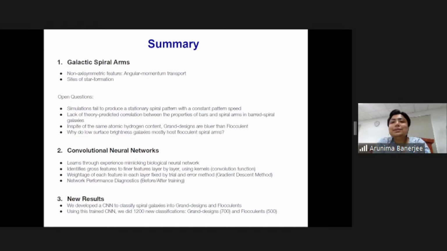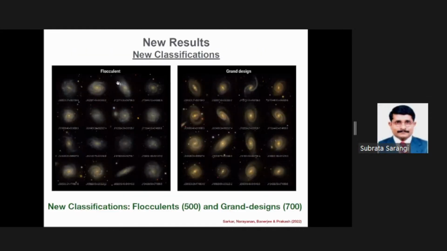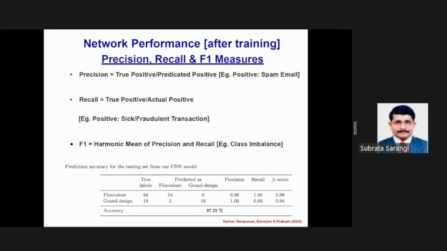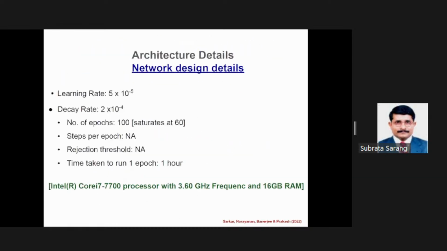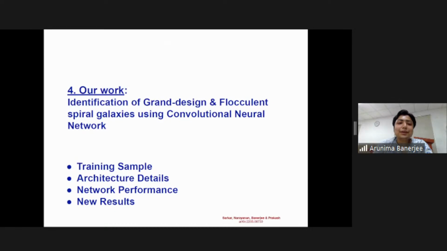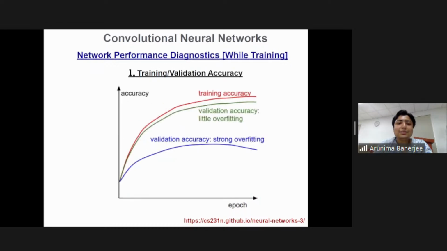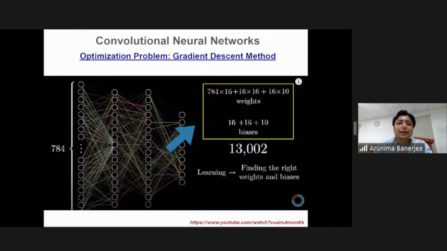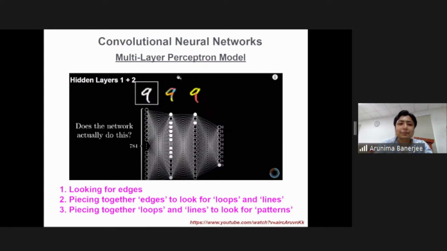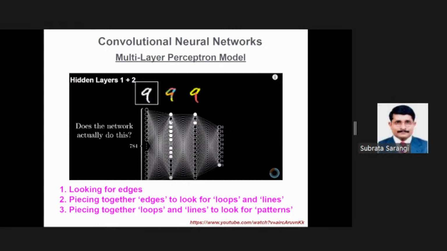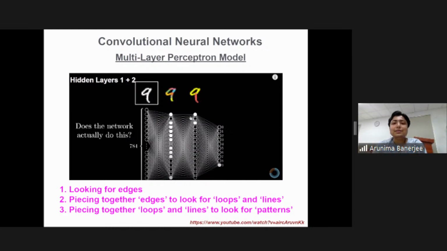Yeah. So I talked about these stencils, right? Kernels. As I said, it looks for various features. The first thing to look for is the edges, right? You can imagine a stencil where you have edges. So these stencils would look for edges. This stencil, which is associated with this neuron, would look for loops and lines.